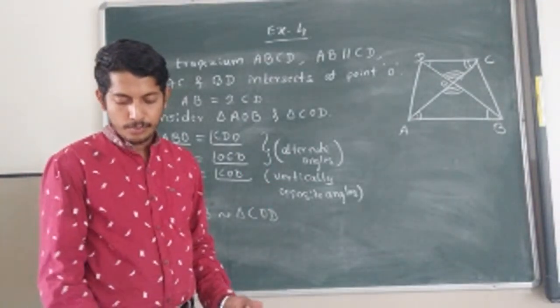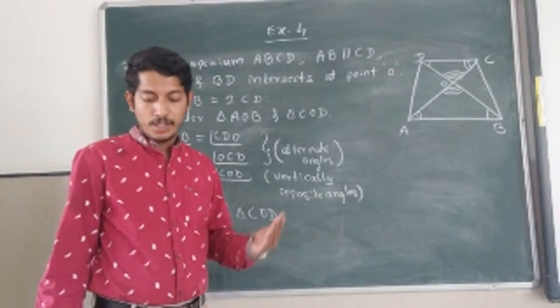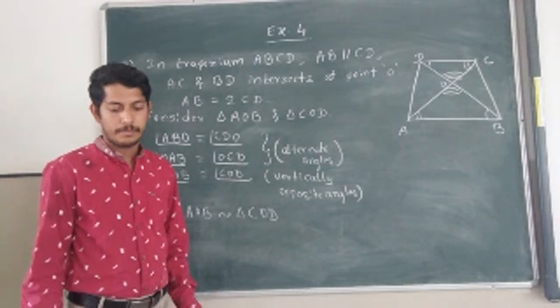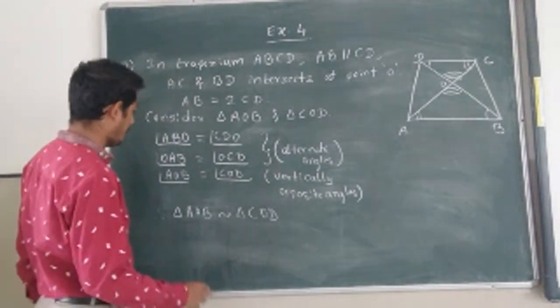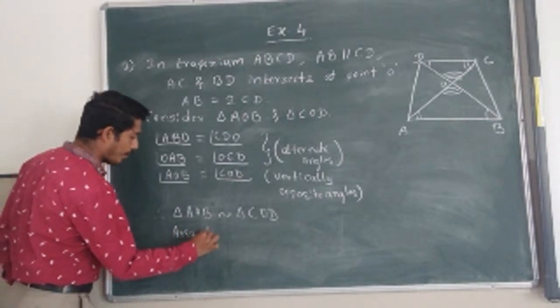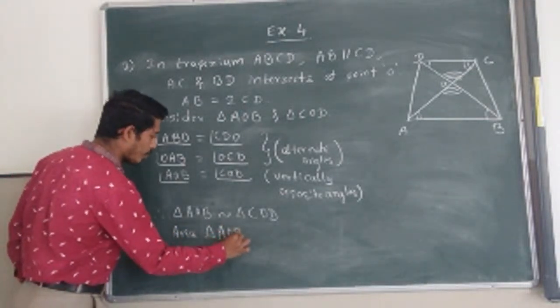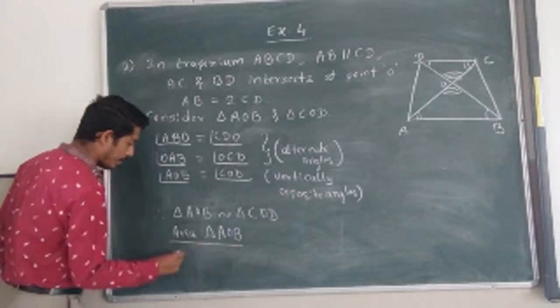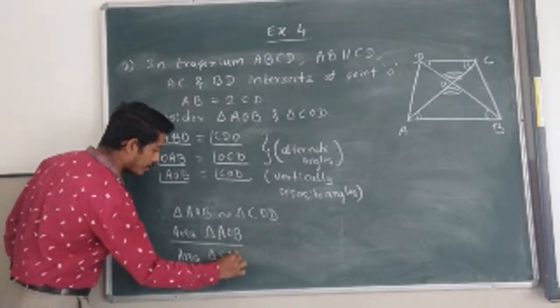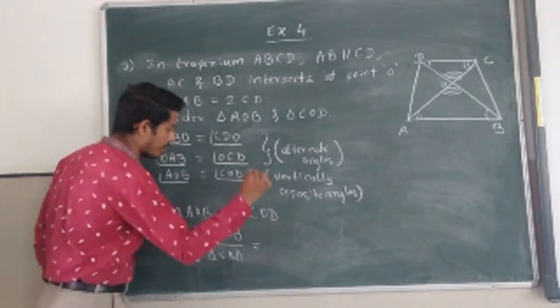Now what we have to do? Find the ratio of the areas of the triangles AOB and COD. For that, I will consider area of triangle AOB divided by area of triangle COD.